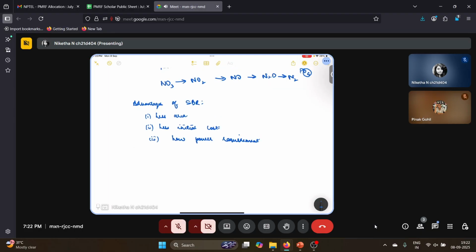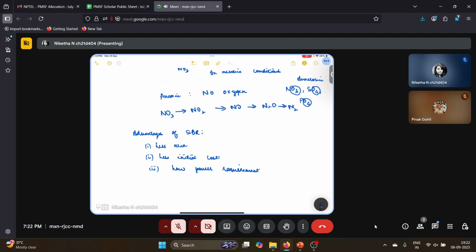So SBR also has some disadvantages. We need proper maintenance of the tank. If there is a slight mechanical dysfunction or something, then the entire process can be stopped.